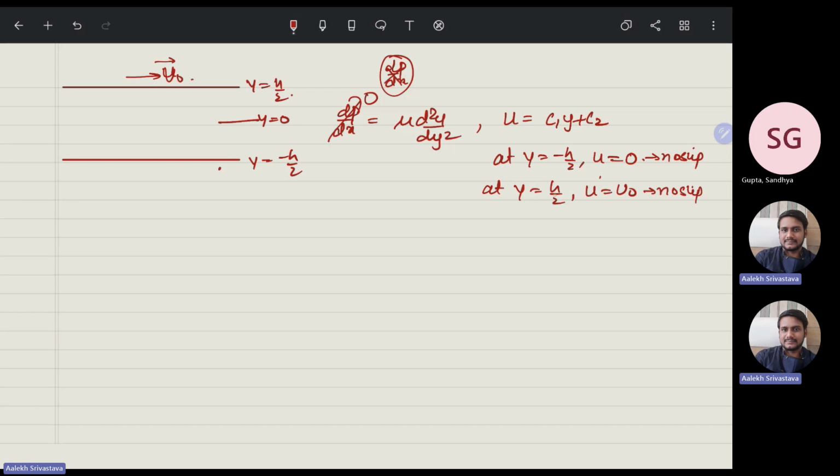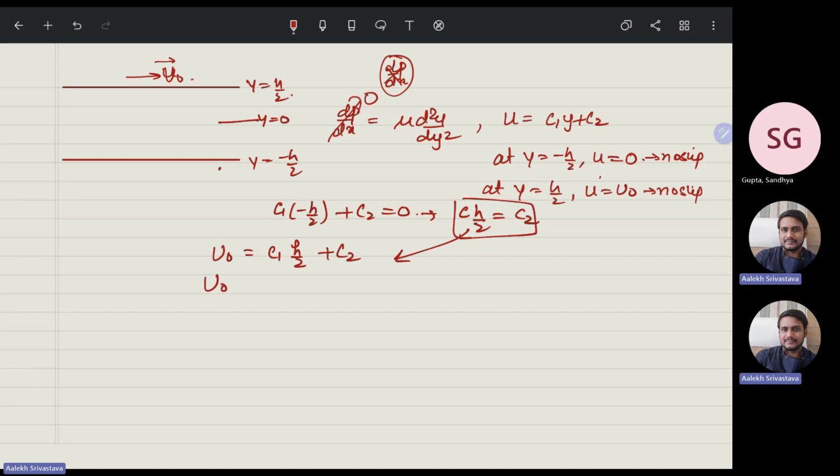So if you just simply put y equal to minus h by 2, it is 0. So C1 into minus h by 2 plus C2 is equal to 0. Now the second boundary condition is u naught is equal to C1 into h by 2 plus C2. Now C1 into h by 2 is equal to C2 simply from here, and if you put it here, u naught is equal to 2 C1 into h by 2, or C1 into h, or C1 is equal to u naught by h.